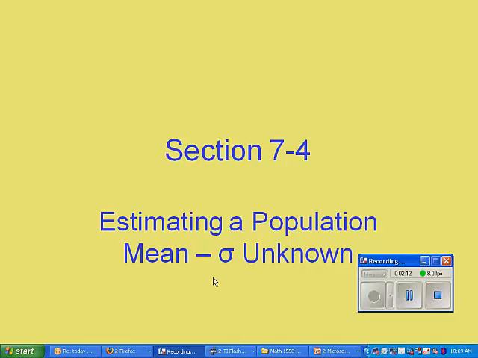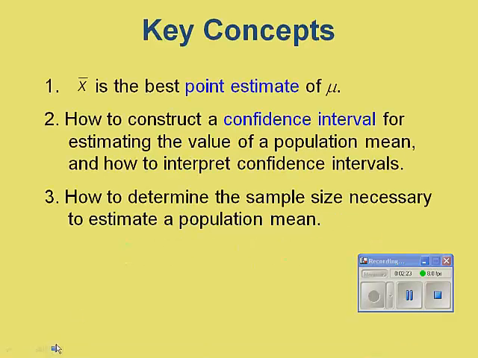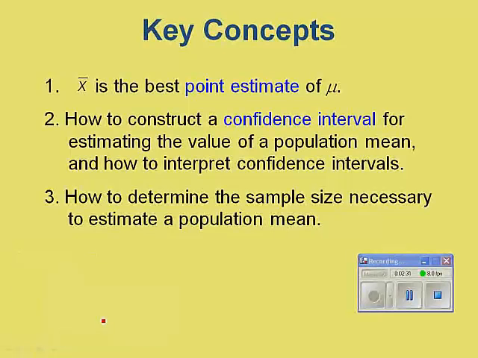So now the book says, let's do it when sigma is unknown. How do we estimate a population mean? That's what this is about. Key concept number 1: the best point estimate of mu is the mean.